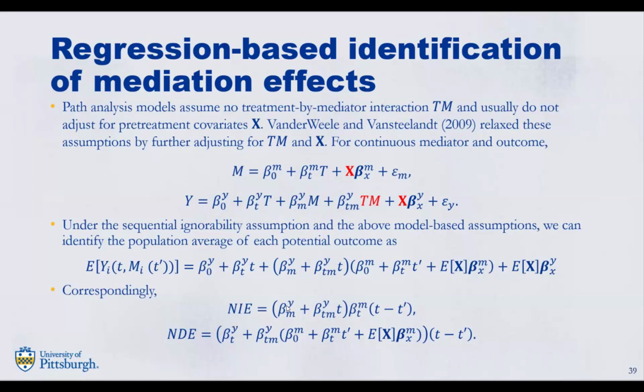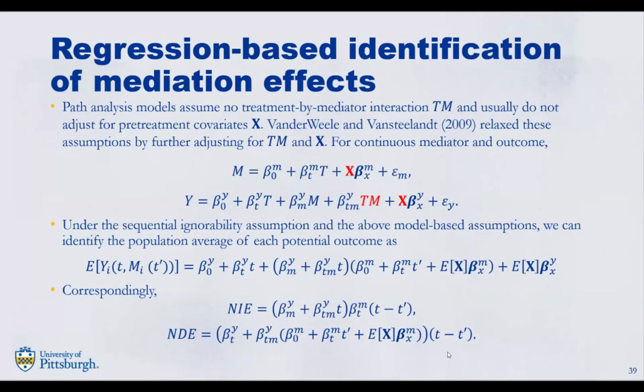But now it becomes more complex as we further include an interaction effect. And for NDE, it becomes way more complex. Earlier, when we discussed the traditional path analysis, remember, the NDE is defined as simple as the path from M to Y. But now it gets more complex.